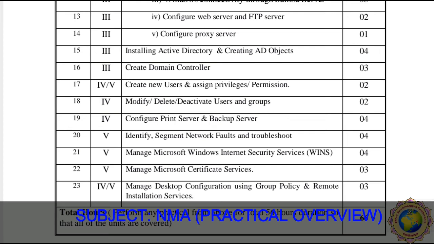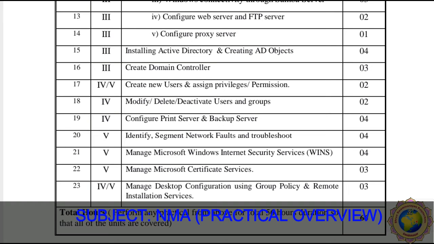Then practical 20 is about identifying segment network faults and troubleshooting. Then practical 21 says manage Microsoft Windows Internet Network Security Services. It's nothing but the WINS role. So W stands for Windows, I stands for Internet, N stands for Network Security, and S stands for Services.